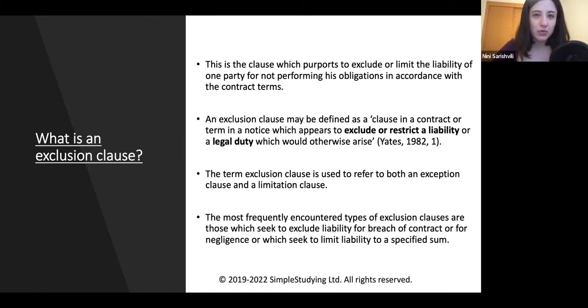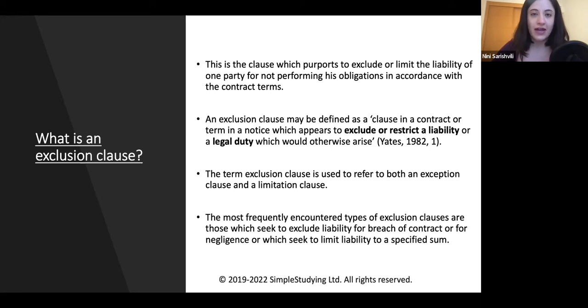If you have a problem question about exclusion clauses, my recommendation would be to firstly define what is an exclusion clause, and then define what are the requirements of exclusion clause, and take it step by step. Apply to the definition the facts of the case that have been given to you. Does it satisfy the definition?